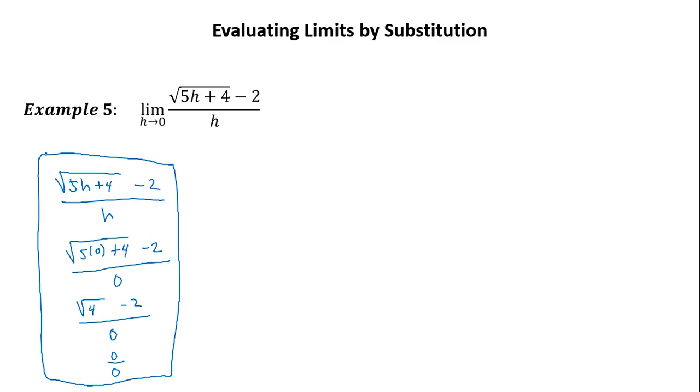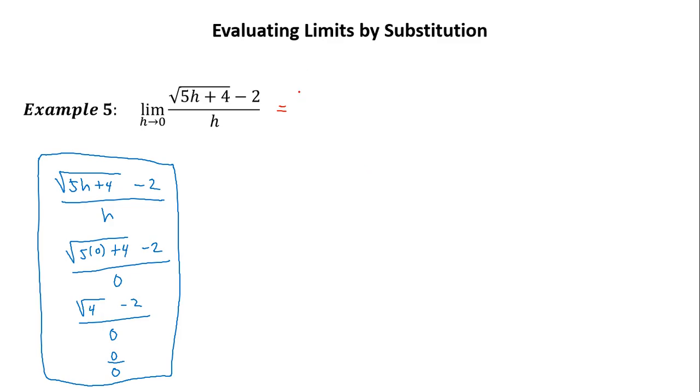So in this case, the radical is in the numerator, so we have to try to rationalize the numerator. So how do we do that? We use the conjugate of the numerator. Since the sign here is negative, we have to multiply the numerator by the square root of 5h plus 4 plus 2, and also multiply the denominator by the same expression.